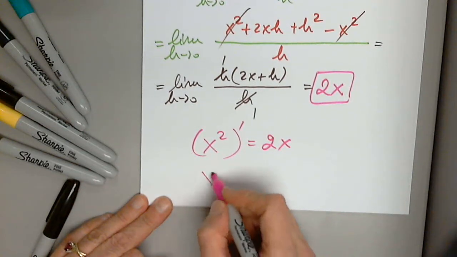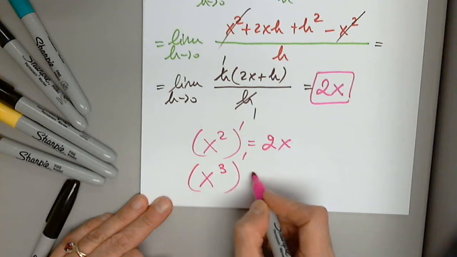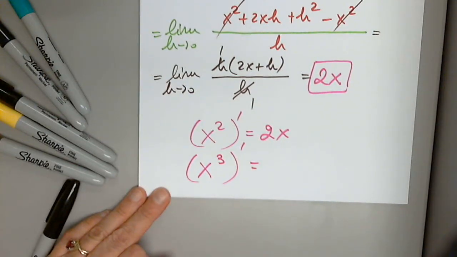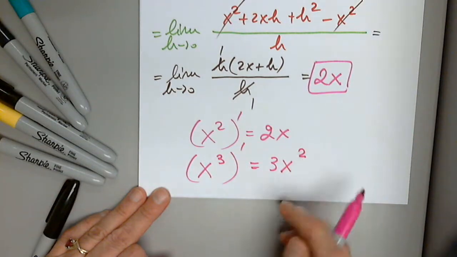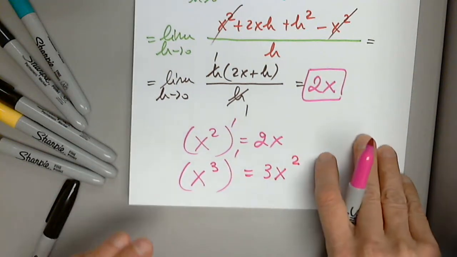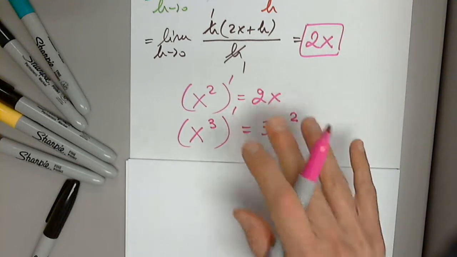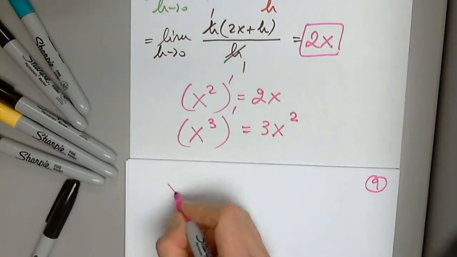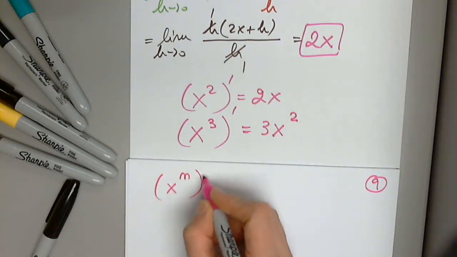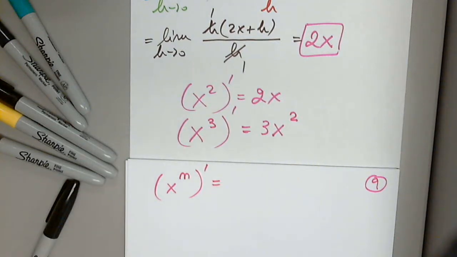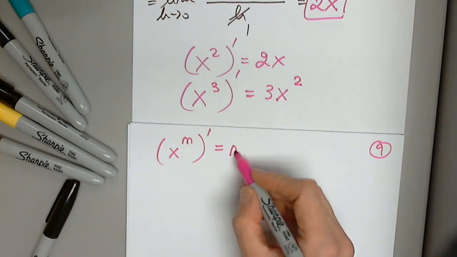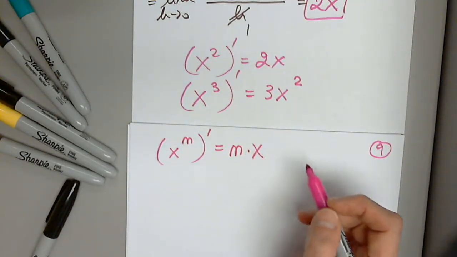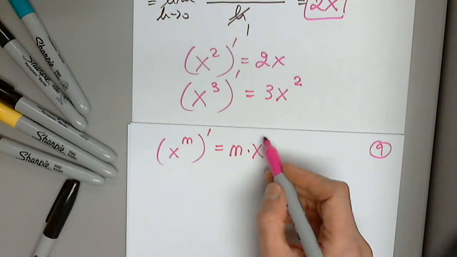And here is a question for you. What do you think x to the third prime will equal? 3x squared, indeed. Okay, one more, and then we'll come up with a rule together right now. Let's say x to the nth power prime. Any power, what will that equal? n times x to the n minus 1.